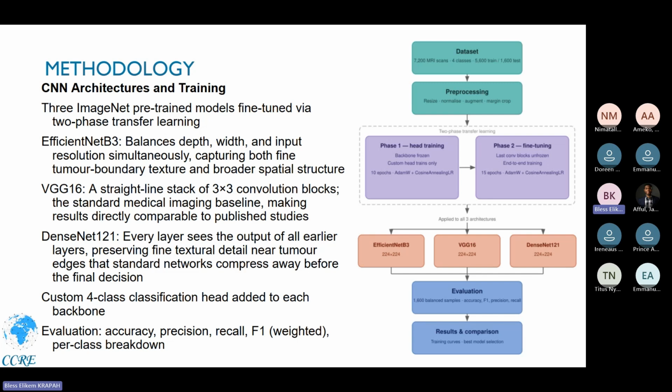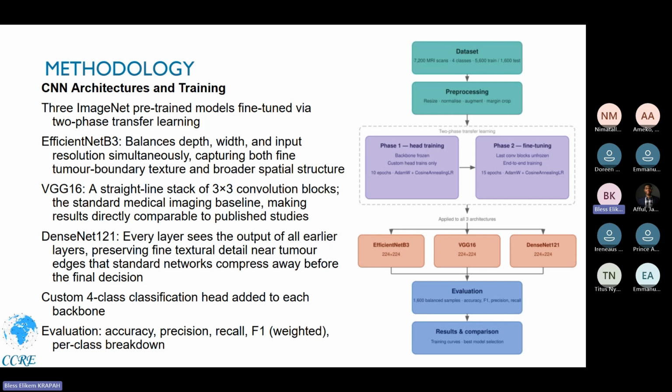So we went with the EfficientNet B3, which is known for balancing fine detail and broad spatial context. And then the DenseNet 121, which uses about 121 layers. One of its features is that it allows for fine detail detection and doesn't get diluted easily.